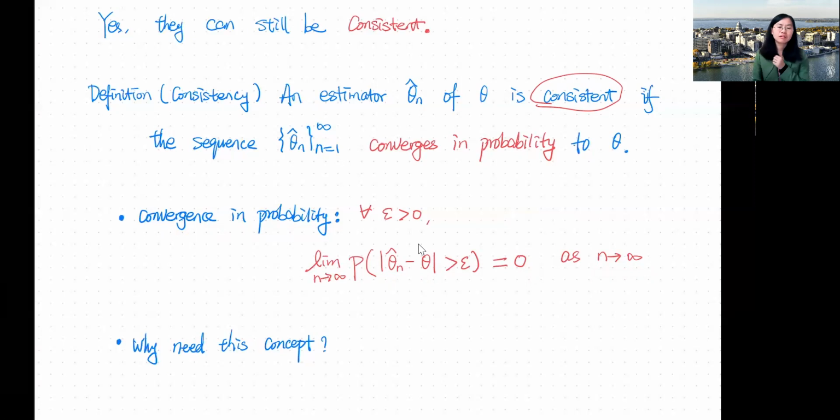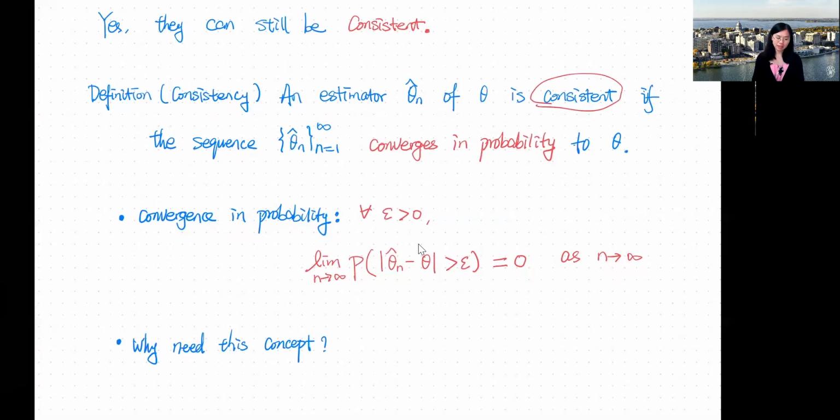Convergence in probability is a variation of the convergence concept that we learned in calculus. Now, why do we need this extra concept? Why is the calculus convergence not enough?